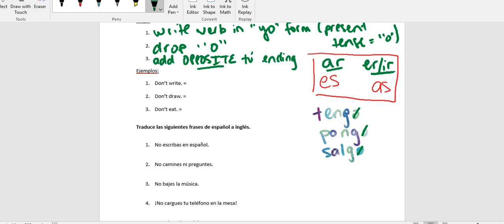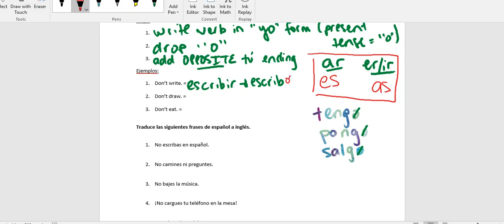Okay? Let's go ahead and do some ejemplos. Don't write. So your verbo es, go back to verbo. Your verbo es escribir. So if we follow our steps, we end up with escribo.